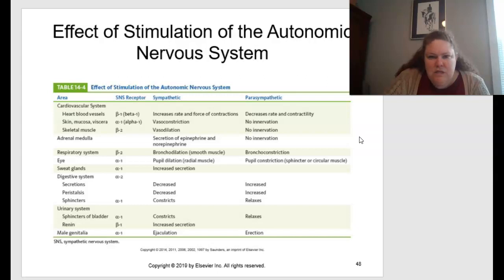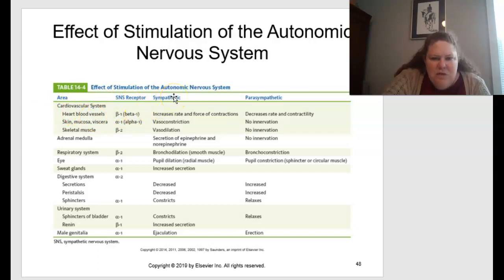So this is table 14.4 on page 337, and this helps to summarize the effect of stimulation on the autonomic nervous system. In your areas, you have your receptors, and then what happens with the sympathetic versus the parasympathetic. For instance, with the cardiovascular system, we have our heart and blood vessels. Our receptor would be beta 1 cells.